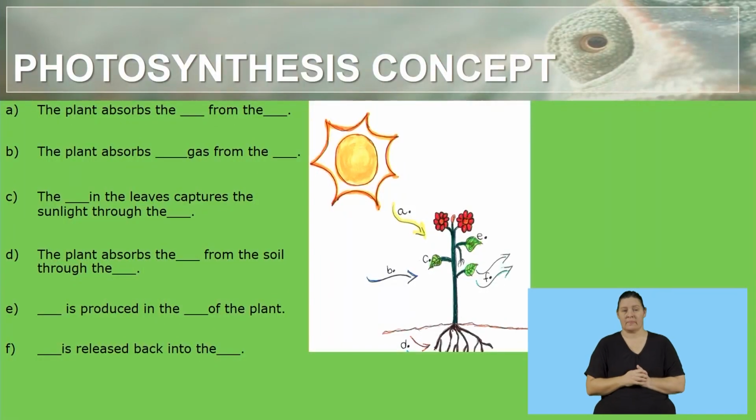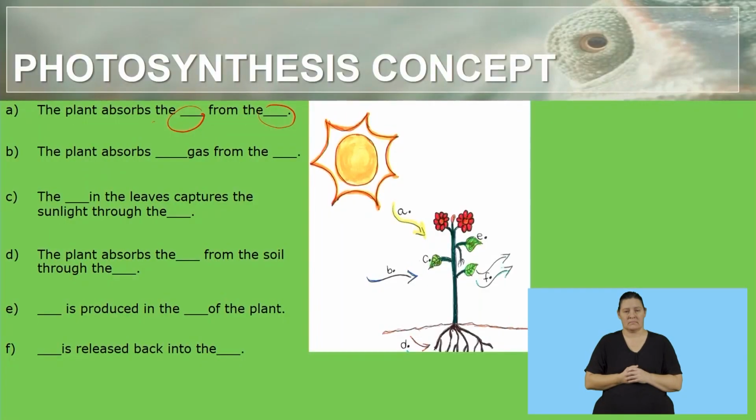The first question we have here is, or not question actually, it's a statement. The first statement that we have is, the plant absorbs the what? From the what? So you have to fill in the missing spaces. The plant absorbs the blank from the blank. So now you need to tell me what is being absorbed and where does it come from.